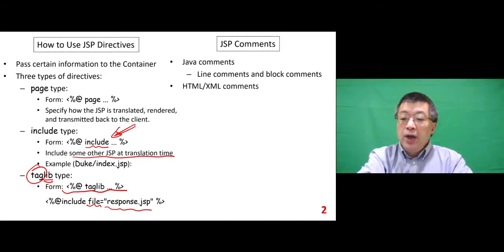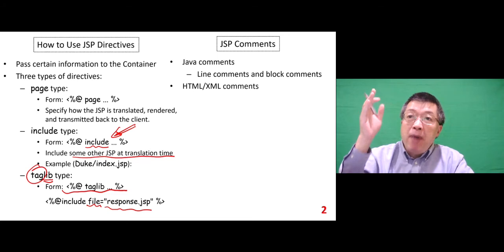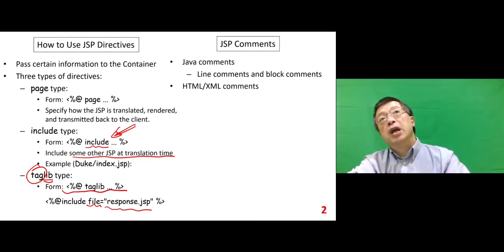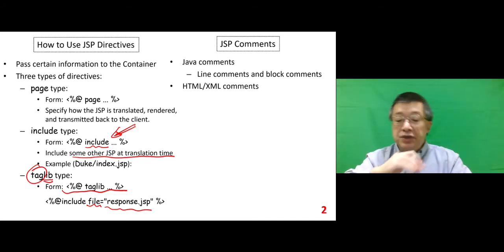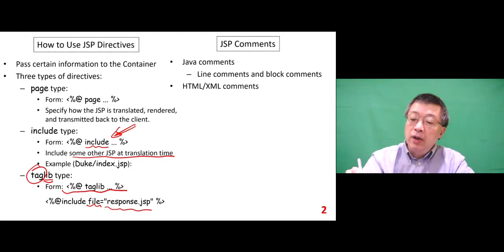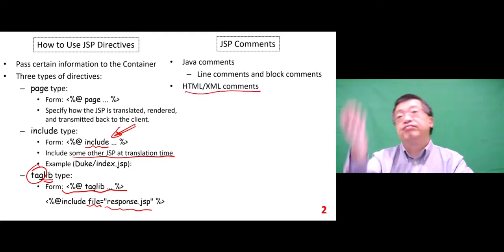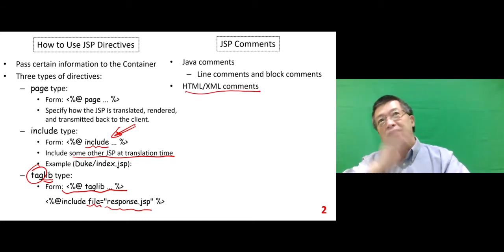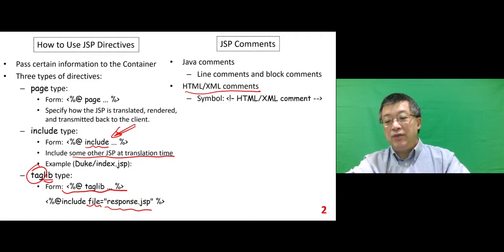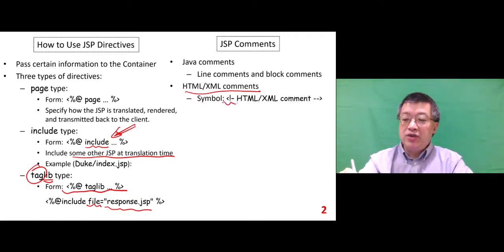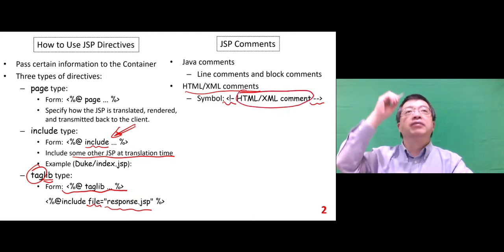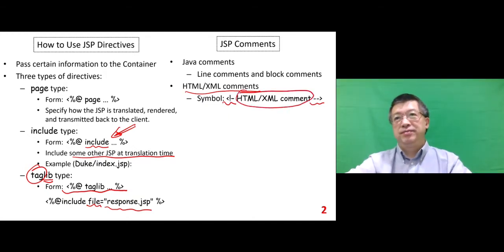Second case, you also have HTML environment, so you're allowed to use HTML/XML comments. In that environment, you can use comments, and we know we use symbols like this to put HTML type comments.